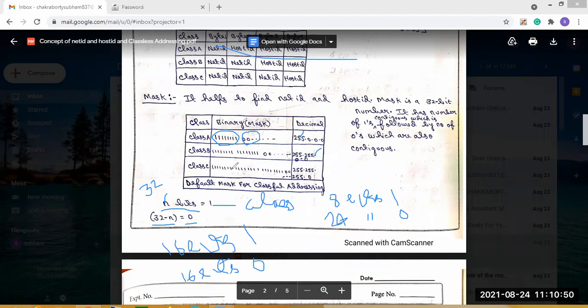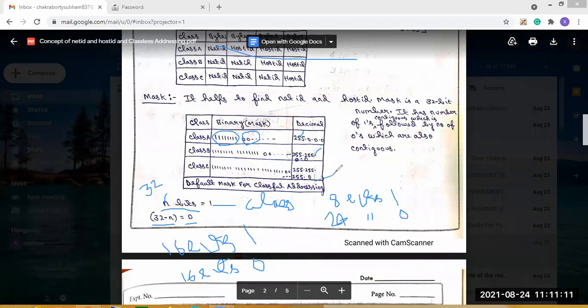Now, if we consider this, first 8 bits, then again 8 bits, then again 8 bits, like this 24 bits, this will be ones. So if we convert this into decimal values, this will be 255, this will be 255, like this.